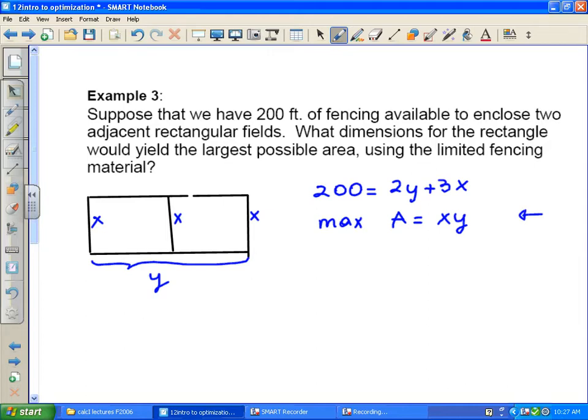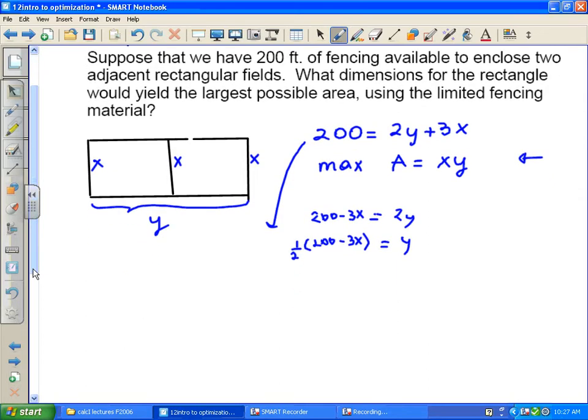So I'm going to solve for y in the first equation. So I have 2y equals 200 minus 3x, and then divided by 2. So y equals 1/2 of 200 minus 3x, or just everything divided by 2. Of course, you could have also solved for x in this equation. Either one will be just as easy to substitute back in your objective function.